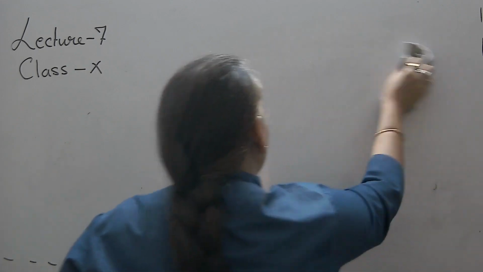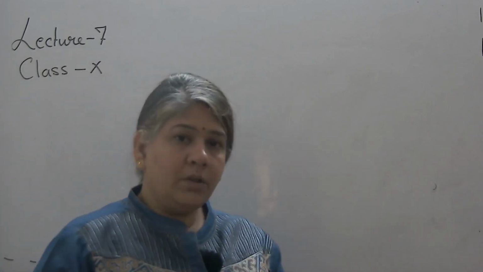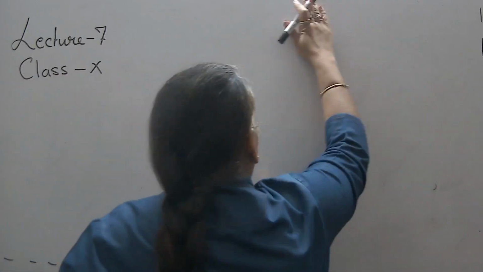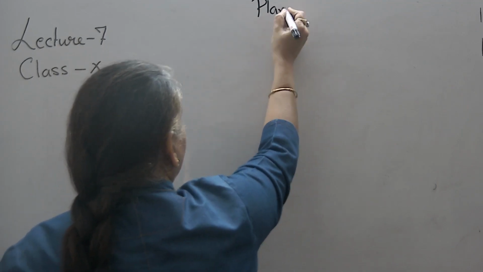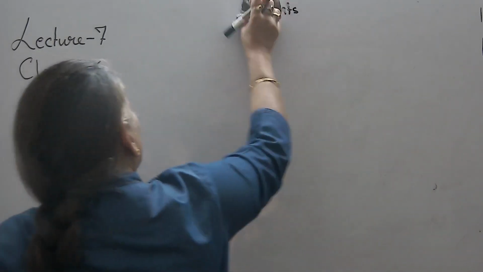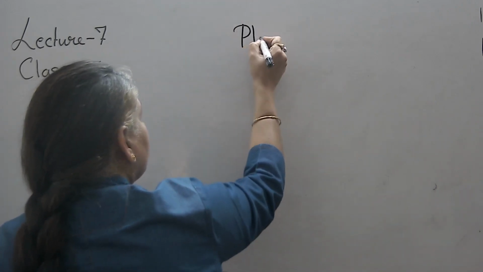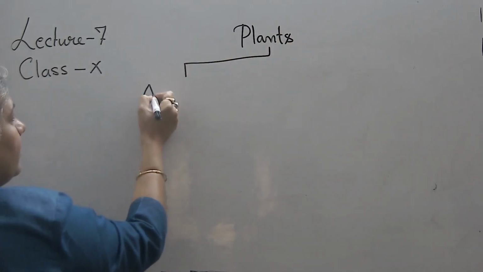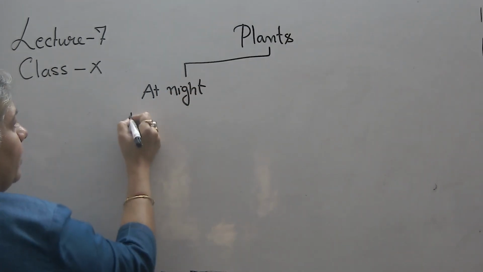See, one more point that needs to be discussed here is that in plants, both respiration and photosynthesis are taking place. So what happens during day and night? In case of plants, at night, no photosynthesis.